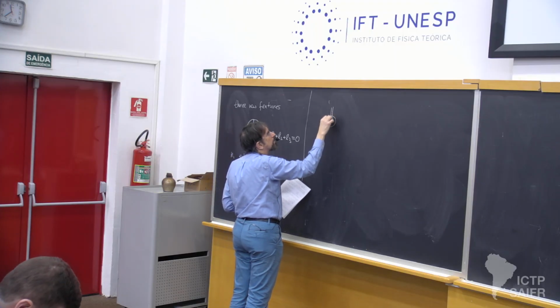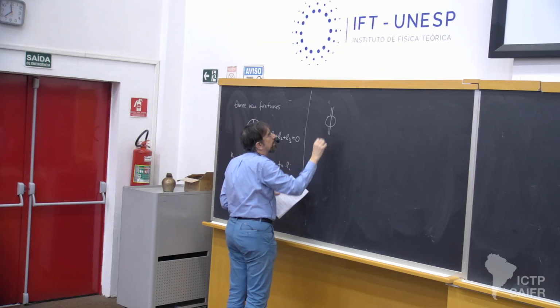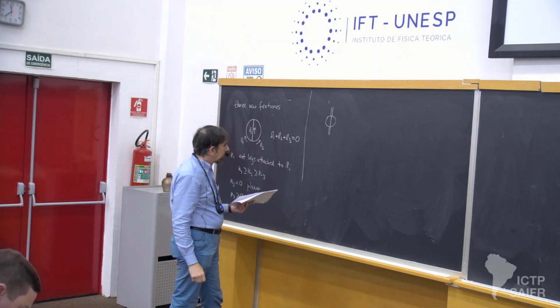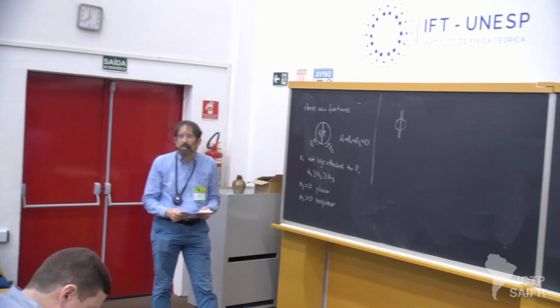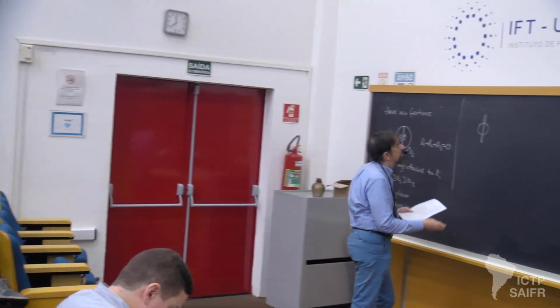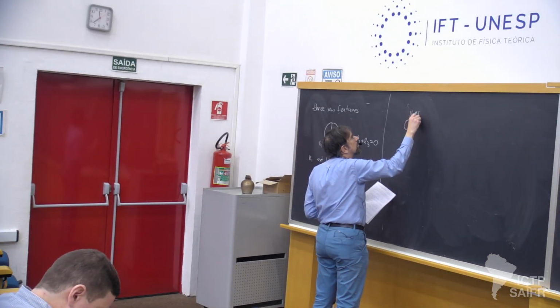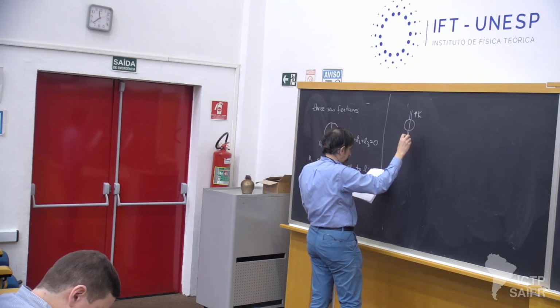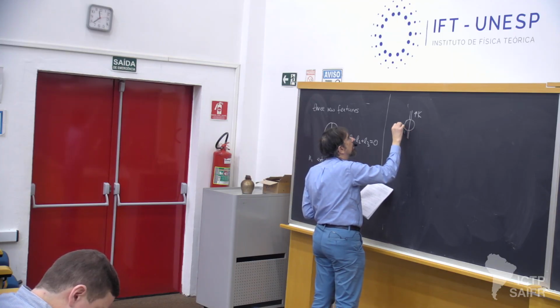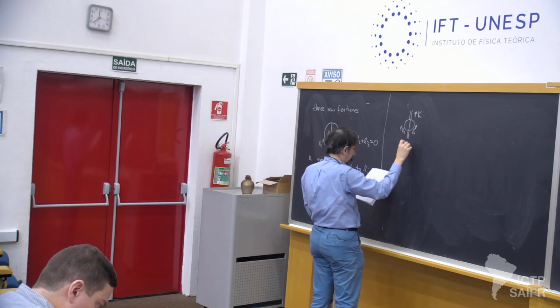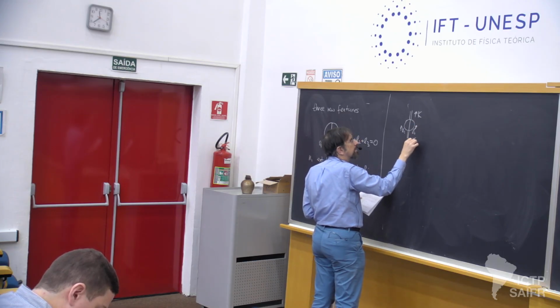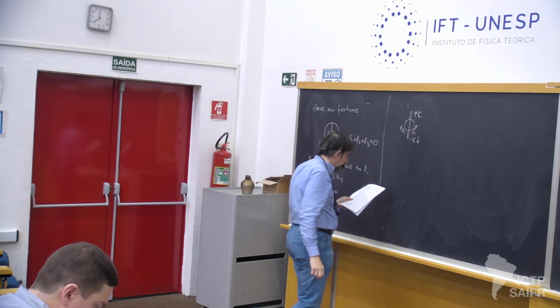I'll draw it this way. Again, the two lines close together denote a massive momentum, so let me label it with capital K. And again, L1 flowing this way, L2 flowing this way, and here, of course, has to be minus K directed outwards.